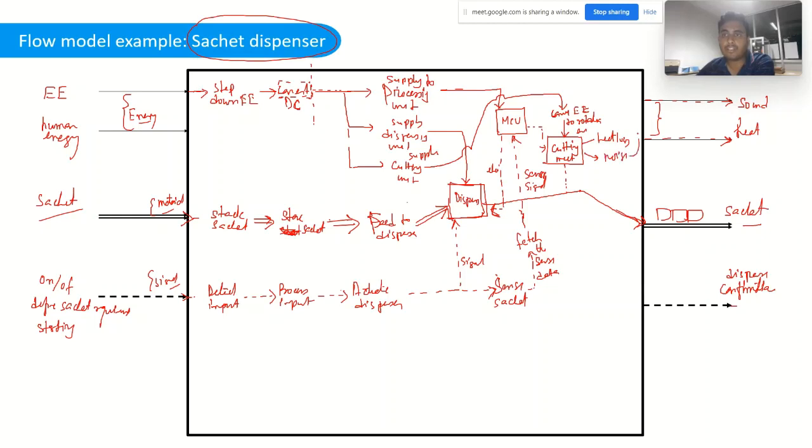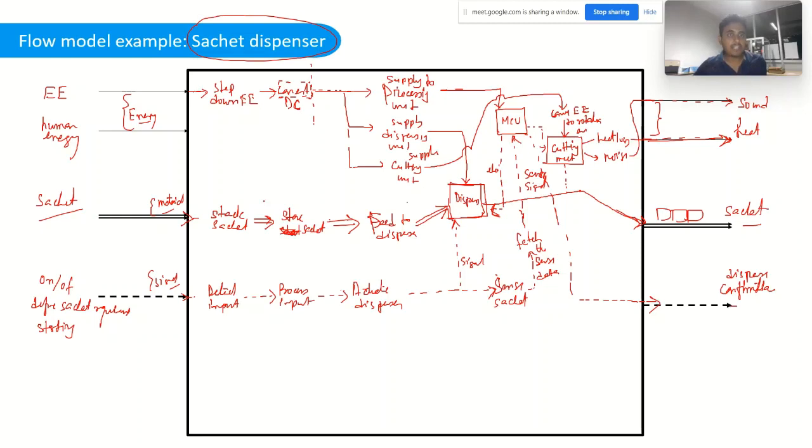So those are your sound output and heat output. And once these are done, the MCU will probably give a signal that confirmation is done.